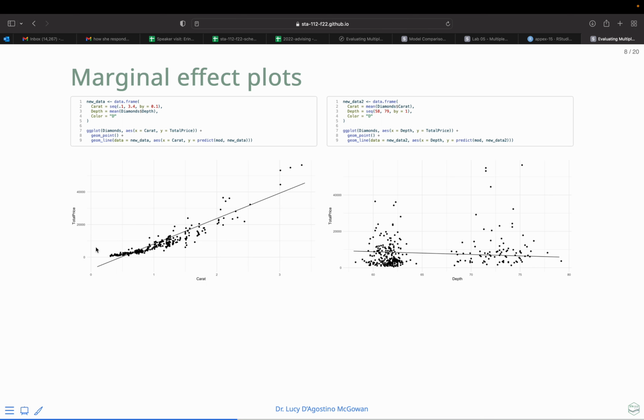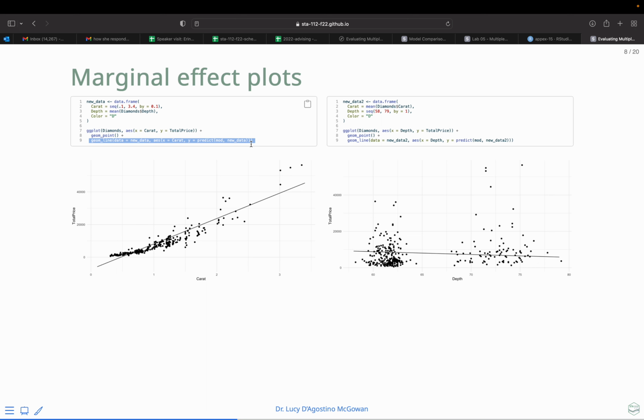The way I chose these values is I just looked at the range of caret in my data set, and I picked values across that range. Then I set depth to just the average depth in my data set, and I set color equal to the referent category D. And then I plot my scatter plot of caret by total price, and I use geom point to make the scatter plot.